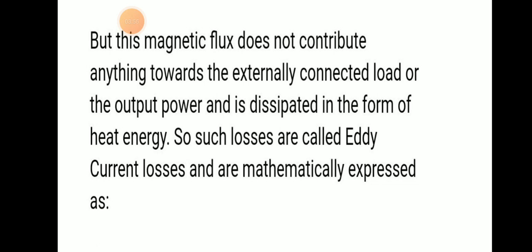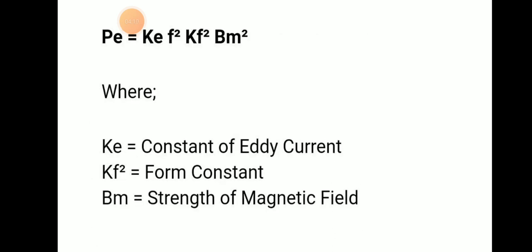But this flux does not contribute anything towards the load or output power, and dissipates in the form of heat energy. This is known as eddy current loss, and it can be expressed by the mathematical equation P equals Ke f square Kf square Bm square. Here Ke is the eddy current constant, Kf is the form constant, and Bm is the strength of the magnetic field. This is the mathematical expression for finding eddy current loss.